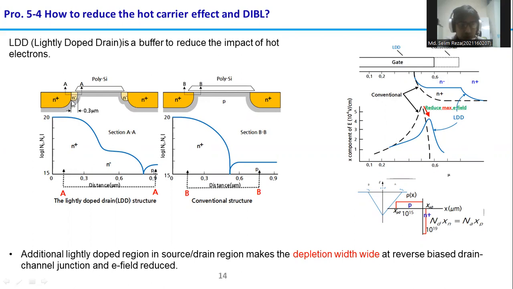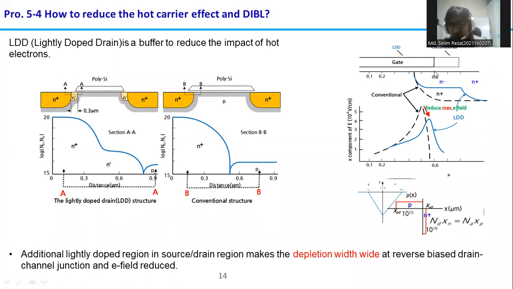We apply a small lightly doped region near the source and drain. We know this one is highly doped and this one is lightly doped, so this is the lightly doped structure, and this one is the conventional structure, which did not consider the hot carrier electron effect. And we can see this is only for the highly doped source or drain.